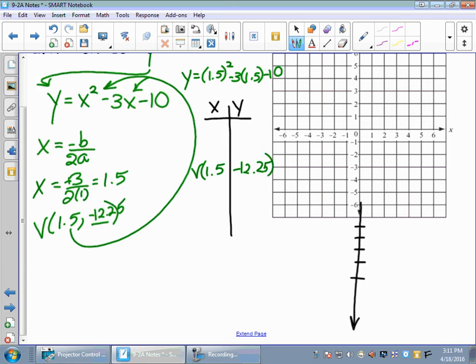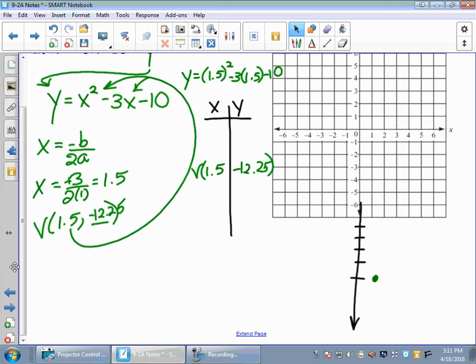So I'm going to find that on my page. I'm going to go over 1.5 to the right and down to negative 12.25. There's my vertex in green. I'm going to try to color coordinate these. Now, notice on the last slide, I didn't find the axis of symmetry, and I didn't find domain and range, min and max.